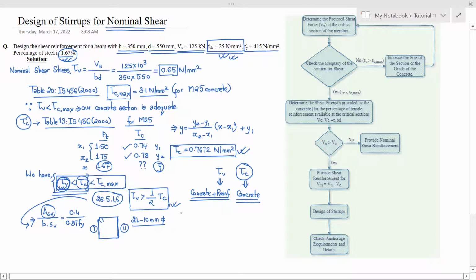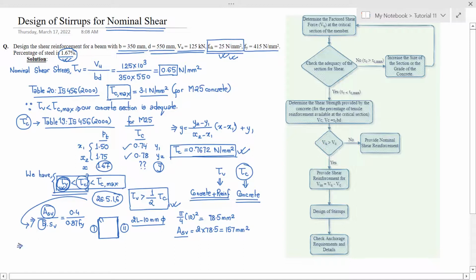So the area of one 10 mm bar is pi by 4 into 10 square, which is almost equal to 78.5 mm square. Now since we have two legs of these stirrups resisting the shear forces, the value of ASV is 2 times 78.5, and this is equal to 157 mm square. We have the value of B. We calculated the value of ASV.